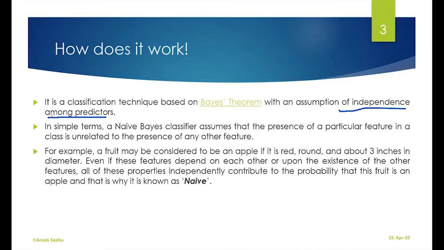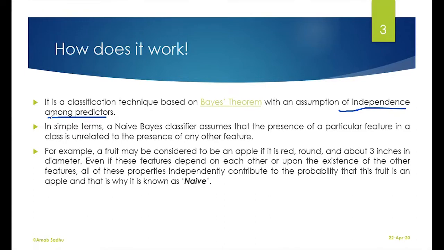But when we apply the naive Bayes classifier or Bayes theorem, we assume that there is no dependency among the attributes, no correlation among the attributes. That's the assumption we make whenever we apply Bayes theorem.